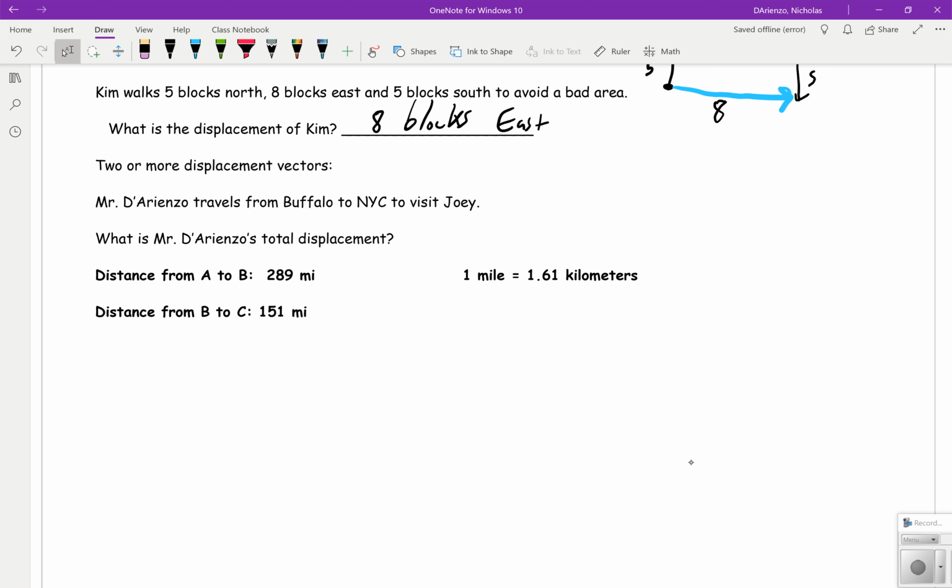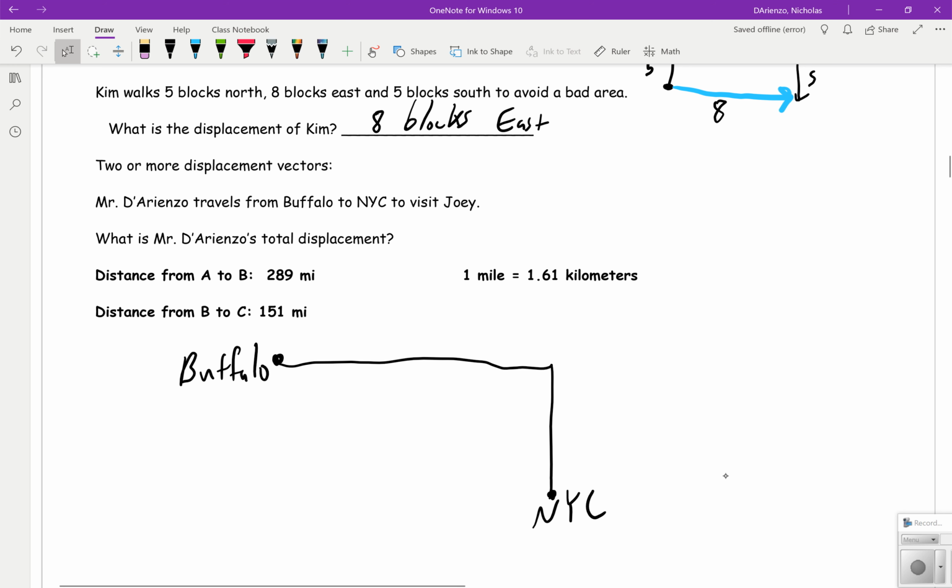Well, let's consider going from Buffalo to New York City. And if we travel by means of the thruway, we're going to travel over to Albany and then down to New York City from our start to our finish. Now, our resultant vector, our displacement, is that vector right there, the change from where we started to where we ended.